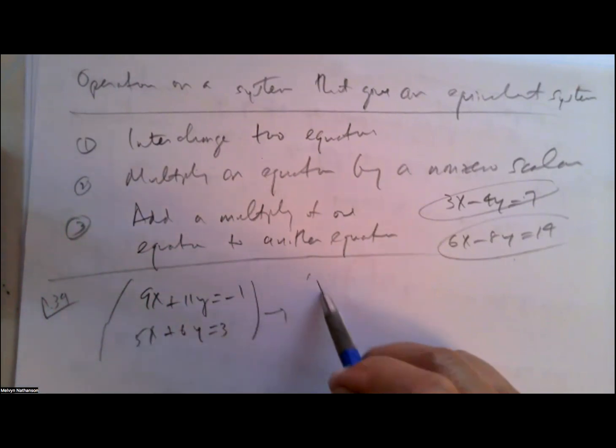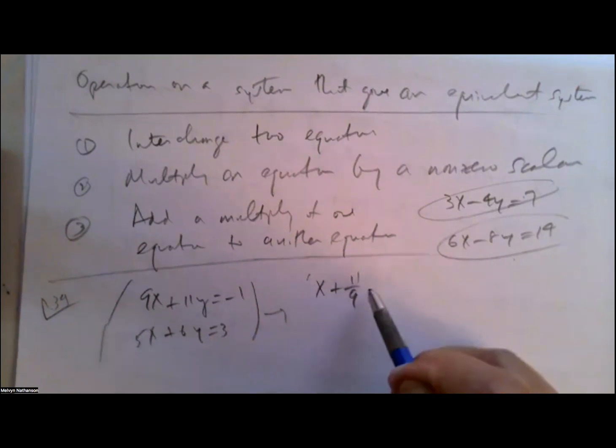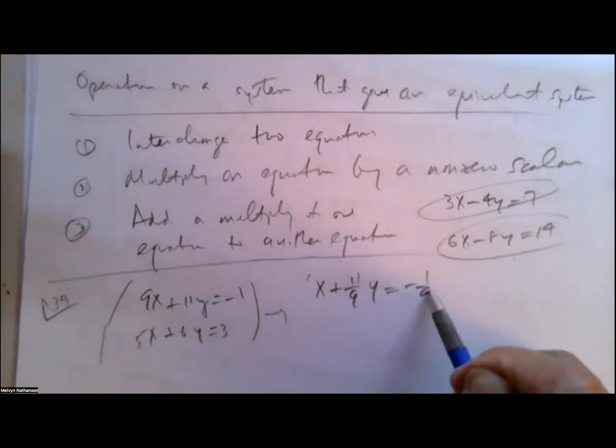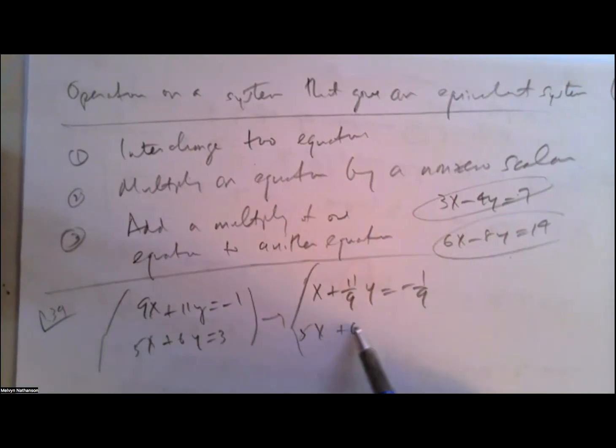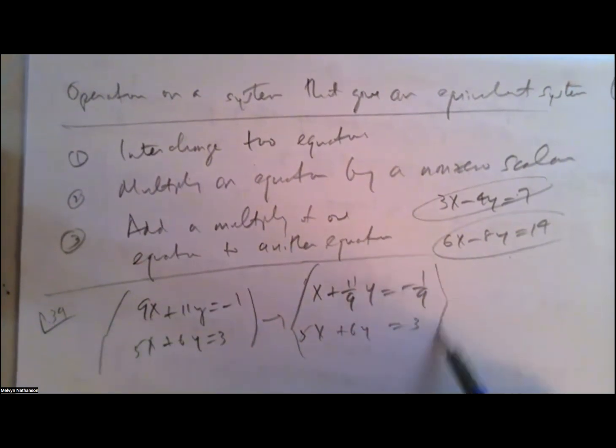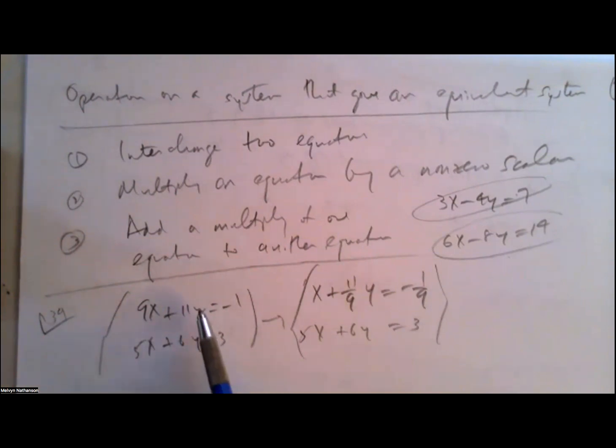I would get x plus 11 over 9y equals -1/9. And I don't touch the second equation, 5x plus 6y equals 3. So I didn't touch the second equation, but the first equation I multiplied by 1/9, and I got this.